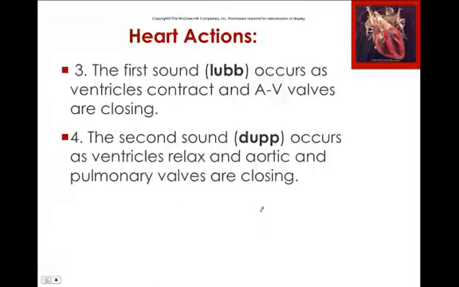So, in here, sorry, it tells you that here. So again, there's the lub, and again, that occurs as the ventricles contract and the AV valves are closing. And the second sound, the dub, is going to occur as the ventricles relax and the aortic and the pulmonary valves are closing.